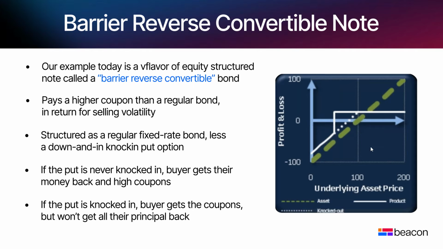And what that means is the coupons are still paid off the full principal, but the principal repayment at the end gets discounted if the stock price ends up below the strike price of the option. So instead of getting your full principal back, you might get some discounted amount, right? So in return for potentially getting less of your principal back at the end than normal, the coupons can be higher. So that's the barrier reverse convertible note, and that's what we're going to be implementing today.